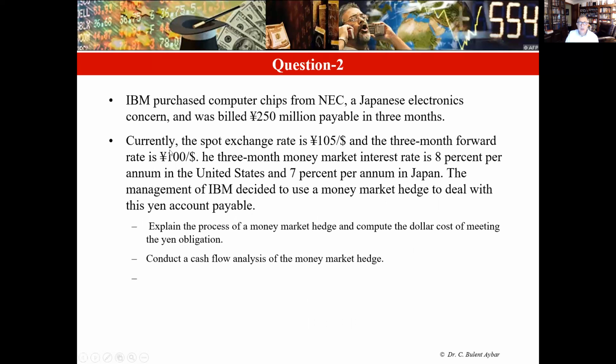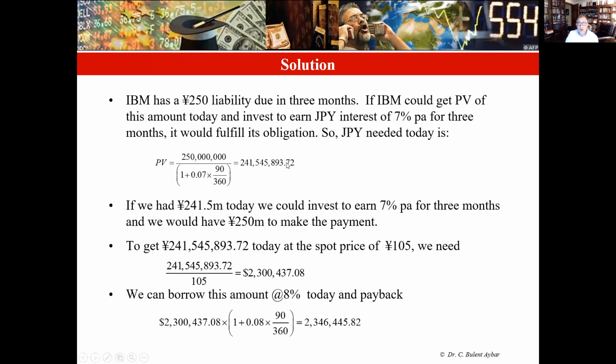So if we locked into a forward rate, which is 100 Japanese yen, our cost would be actually $2.5 million.